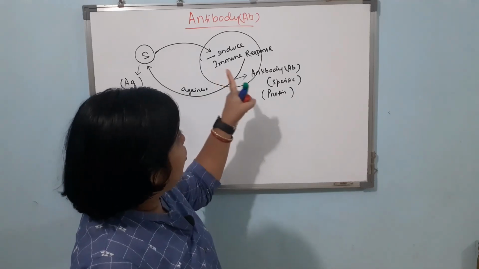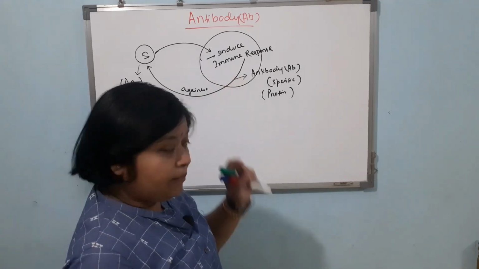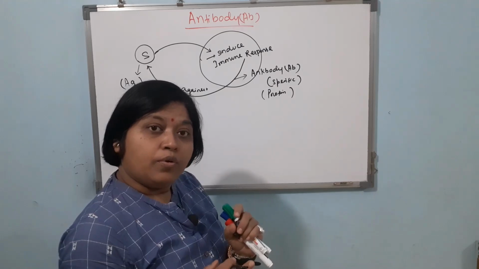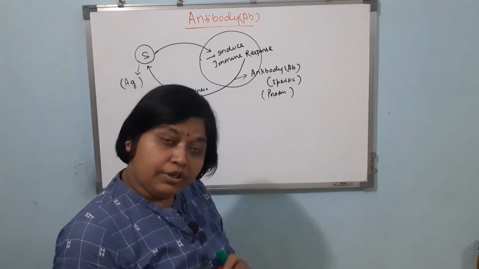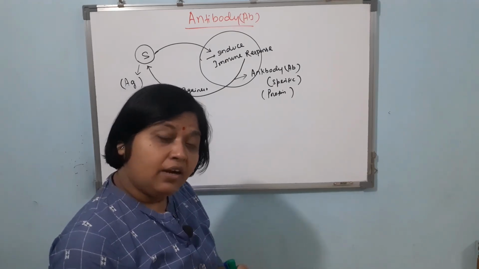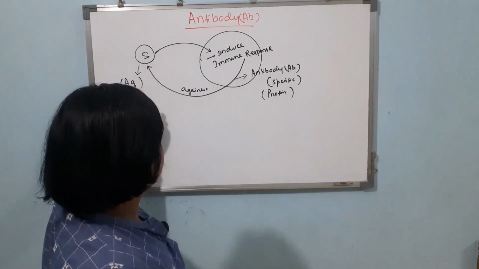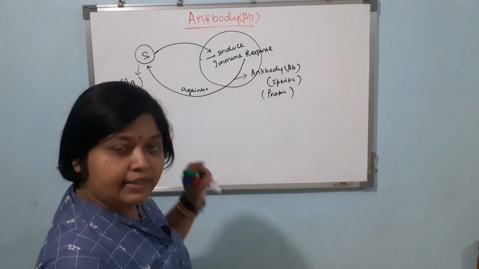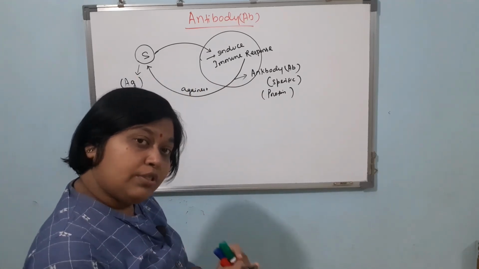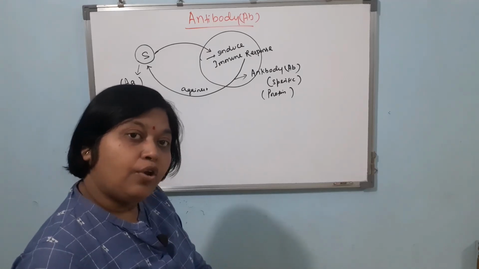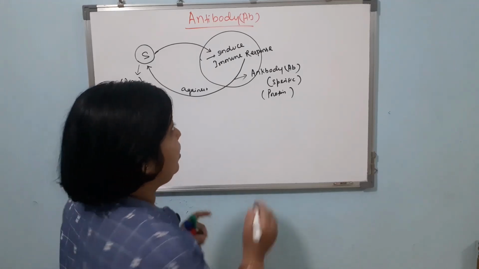When the body produces chemicals due to immune response, but they are non-specific to this particular antigen, those chemicals we are calling immunoglobulin.